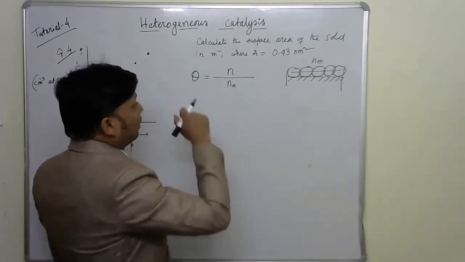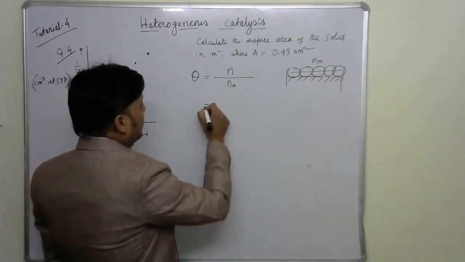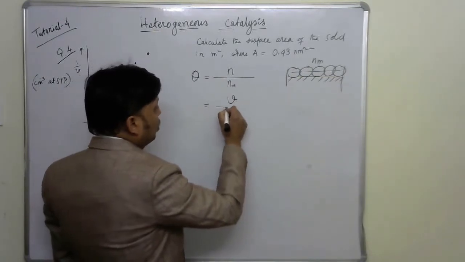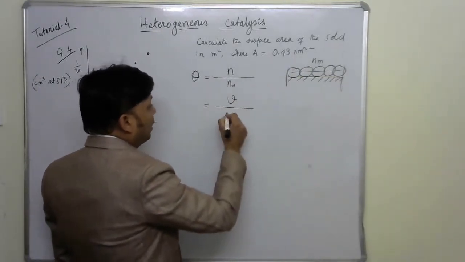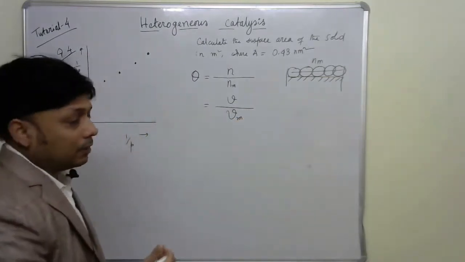The maximum value of theta is 1, unity. The same thing we can express as N over Nm, the volume of gas adsorbed at any instant divided by the volume of gas required to form a monolayer. So that is theta.